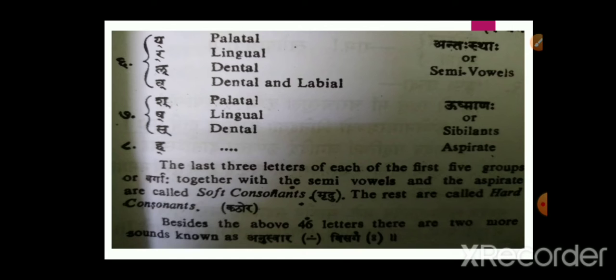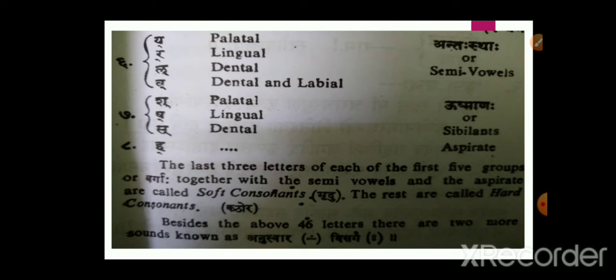Besides these 46 letters, we have 2 more sounds. If you look at the last line in this slide, you can see anuswara and visarga. Anuswara means when we are writing a vowel or consonant, we need to place one dot on top of the letter.